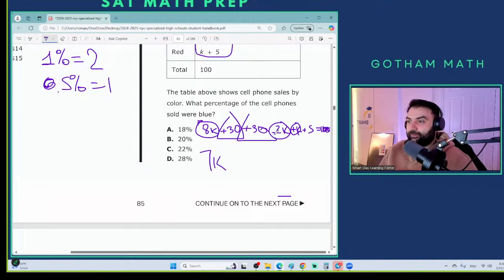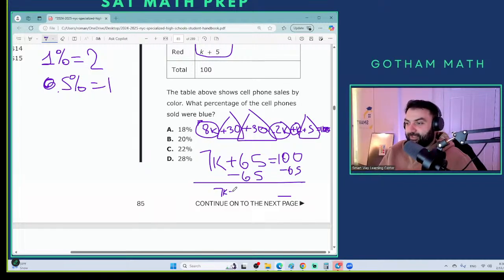30 plus 30 plus 5 is 65, equals 100. Subtracting 65, we get 7K equals 35. We divide by 7, and we get K equals 5.